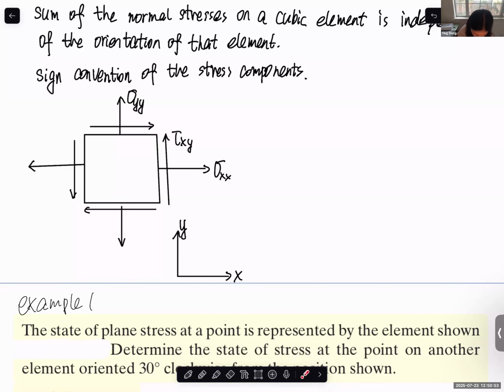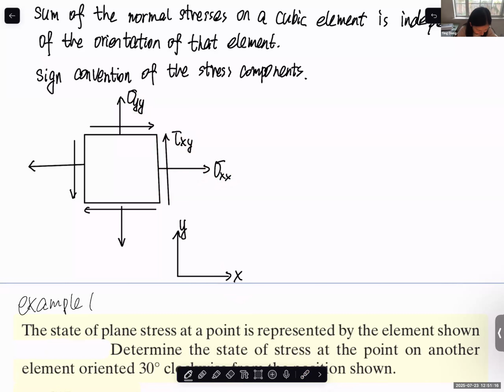Now this plane is facing the positive x direction, so this is the positive x plane, and it's in the positive x direction. So this sigma xx means on the x plane in the x direction, and the same thing for y plane, y direction, and tau xy means on the x plane in the y direction.